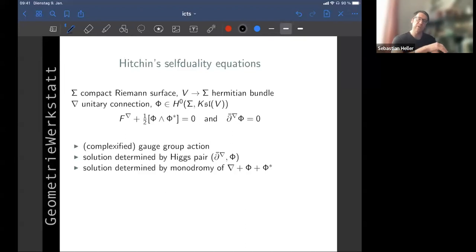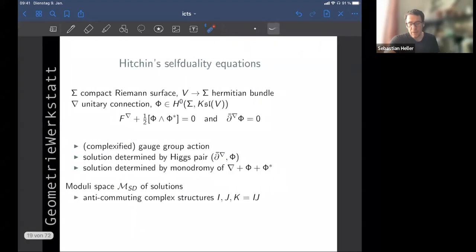It gives you a monodromy representation of the Riemann surface, and this monodromy representation determines the solution of the self-duality equations. So again, you somehow forget about the Hermitian metric on the bundle and just look at this flat connection here. By solving a geometric PDE, it contains all the information.